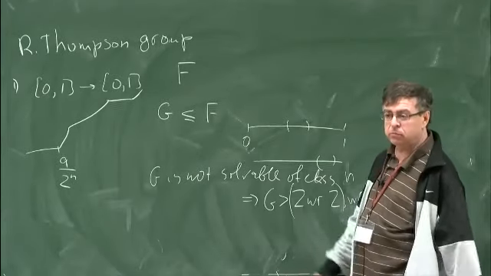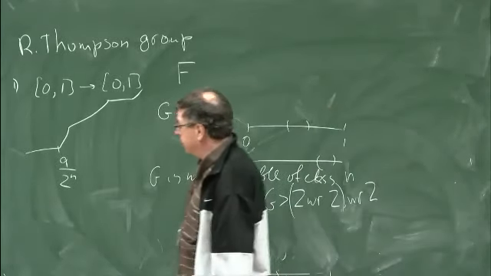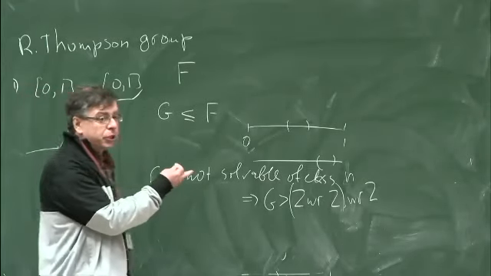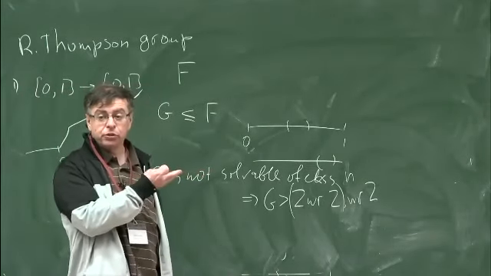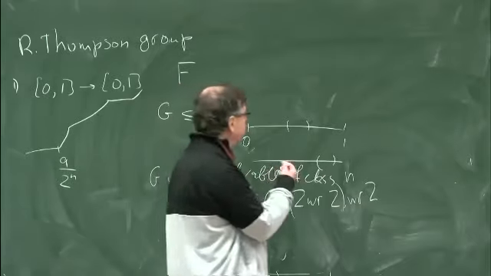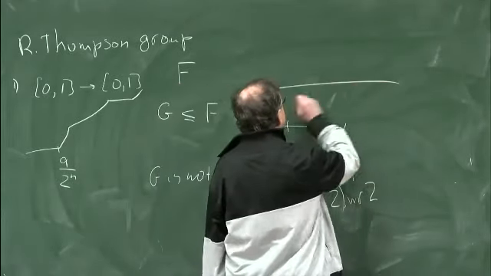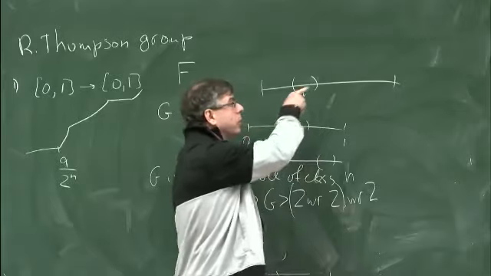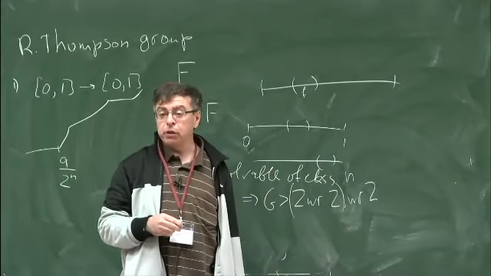So there are lots of complicated subgroups, and how to get the wreath product of two Z's inside F, you can also do very easily. Let's take again the interval. You take a subinterval, and you take a function f which takes the subinterval into itself.